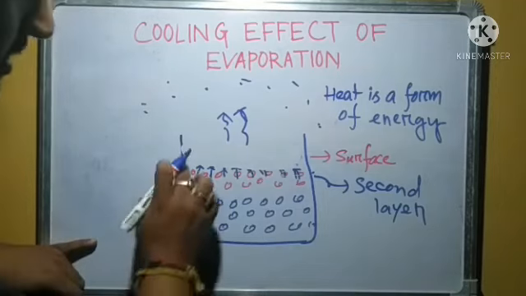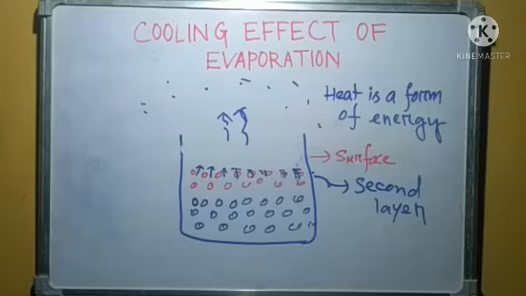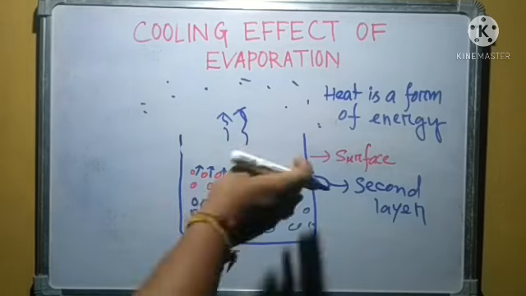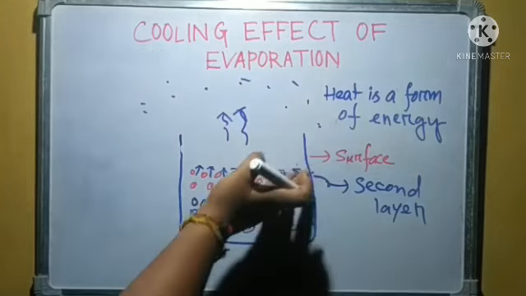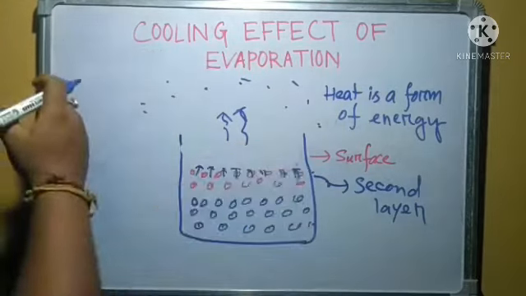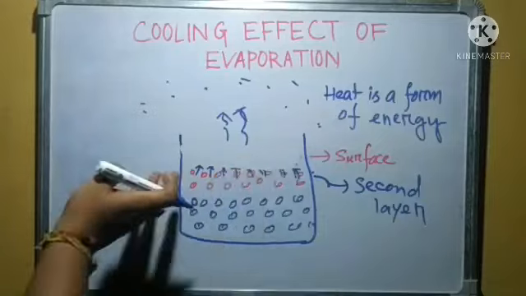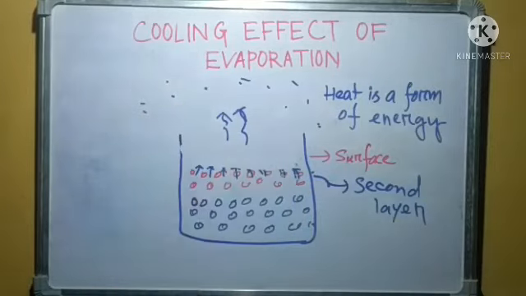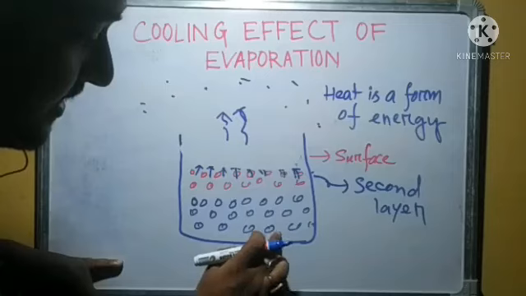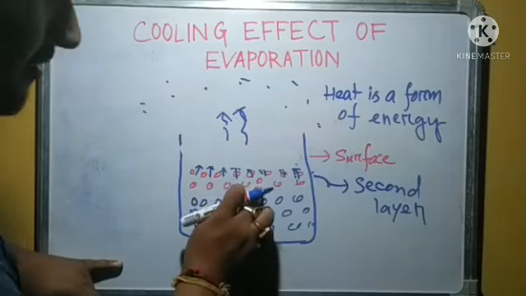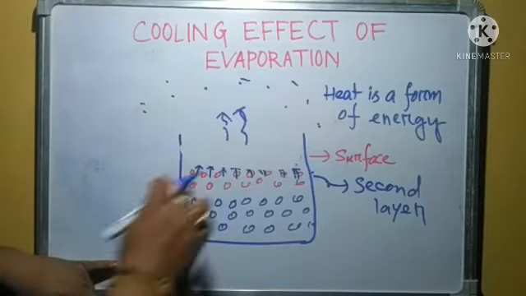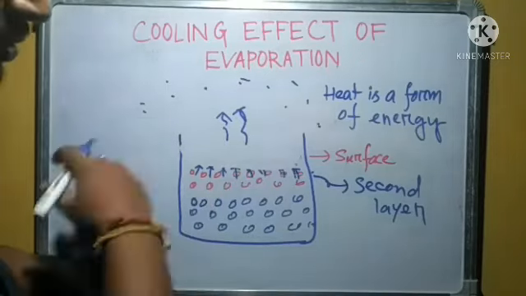These red particles are the new surface, because the particles that were present above them have already evaporated. So now these particles will have higher energy than those below, and these particles will also try to evaporate, because now they are at the surface.